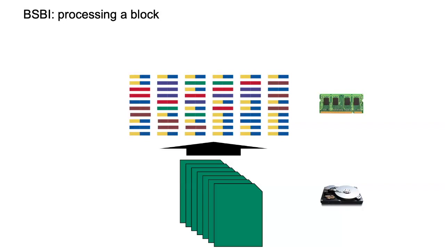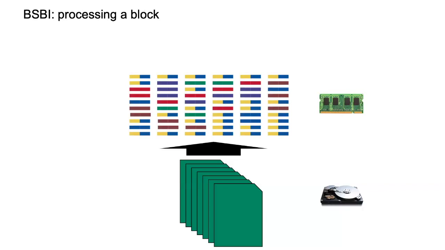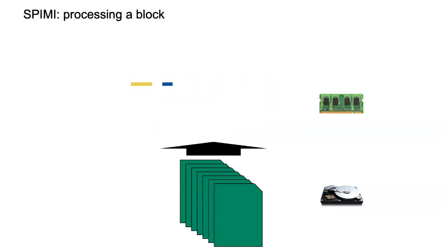So in BSBI, the first version that I've just presented to you, when you process one of the shards or one of the blocks, you end up with these pairs of term ID, document ID in memory. Well, in SPIMI, you are not going to store the pairs of term ID, document ID. Instead, you are going to store mini standard inverted indices, right? So it's equivalent.